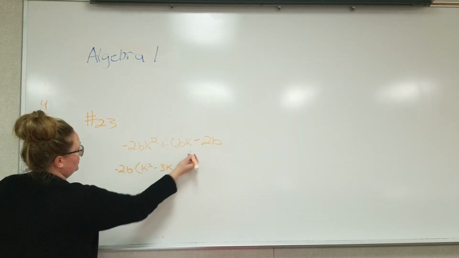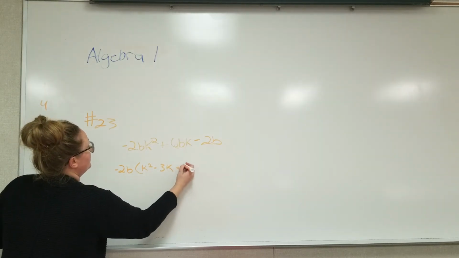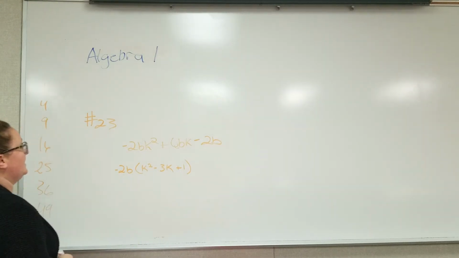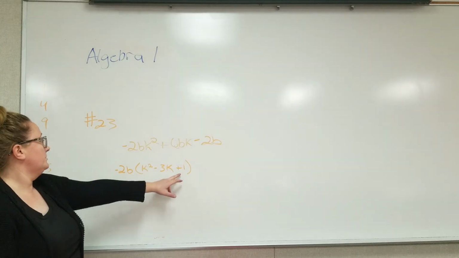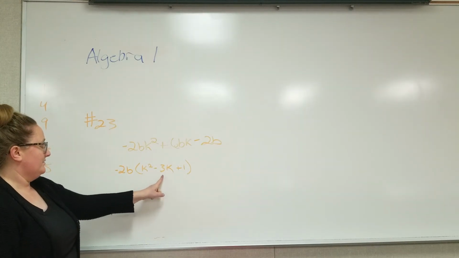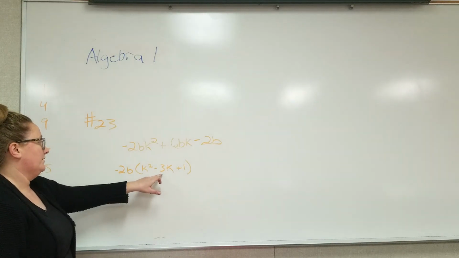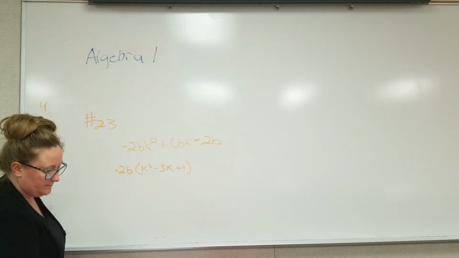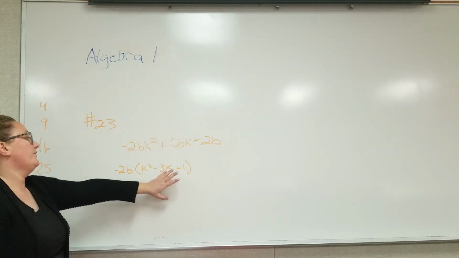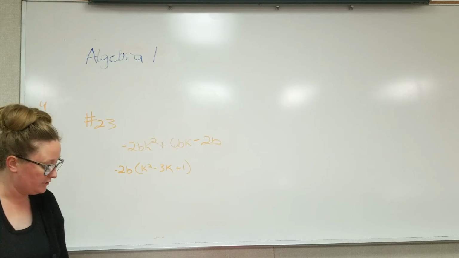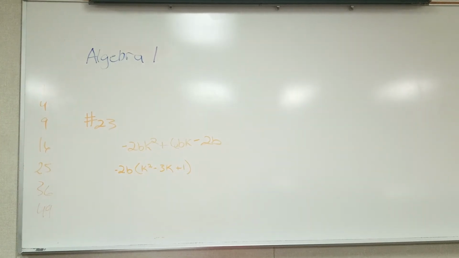And then negative 2b divided by negative 2b is plus 1. Now in this case, these do have a square root, but this isn't the middle term. So this is prime. You can't factor this any lower. So that's actually the final answer on that problem.